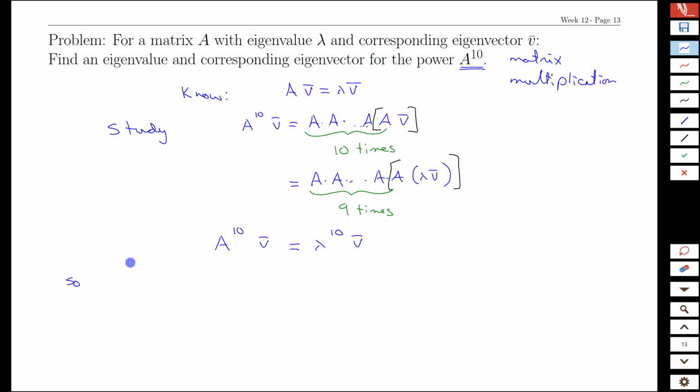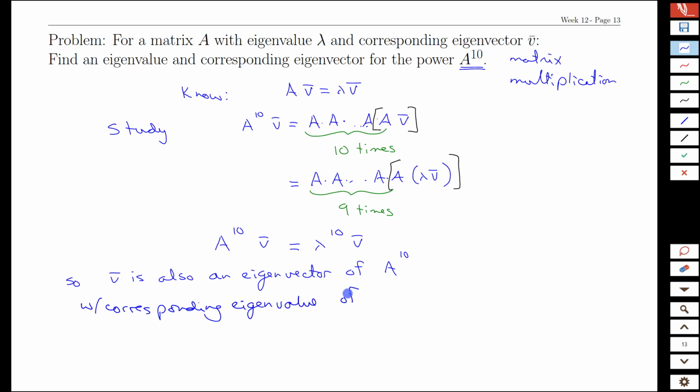And so v is an eigenvector of A, but v is also an eigenvector of A to the 10 with corresponding eigenvalue of lambda to the 10.